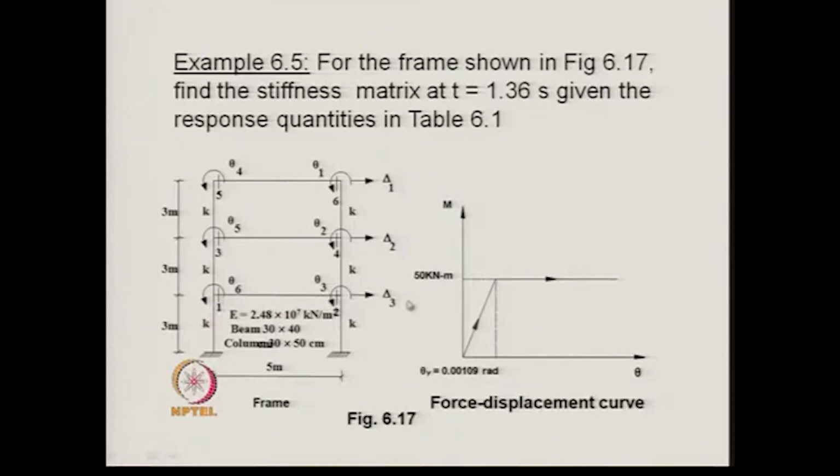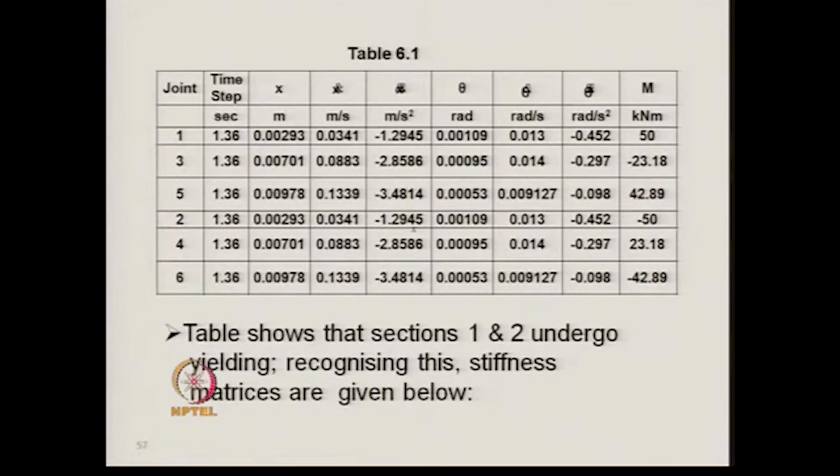The rotation here and the rotation here should be same because of the antisymmetry, and these two rotations are maximum, and then we have the rotation for this beam, then we have the rotation for this beam. So, these rotations are listed over here.